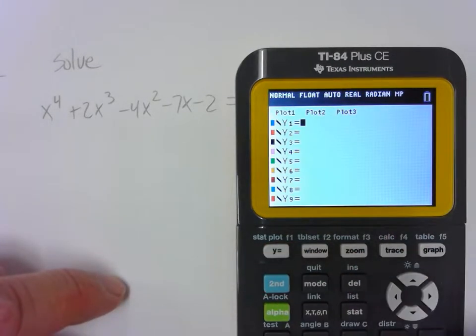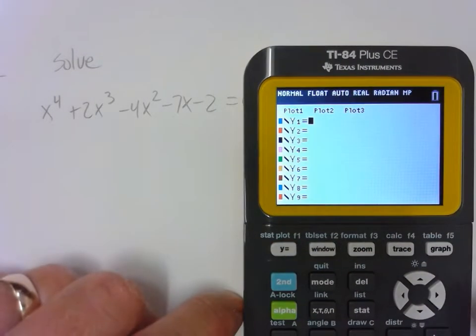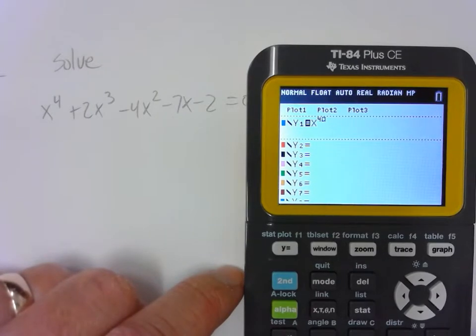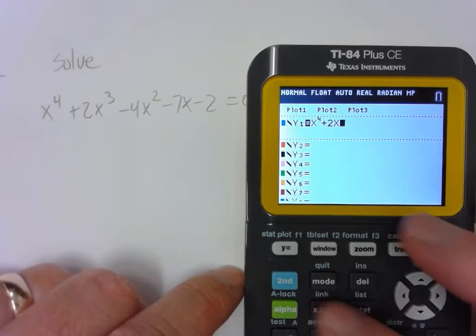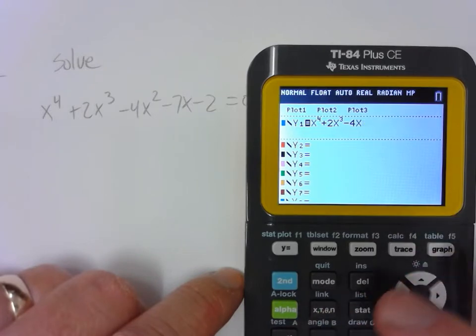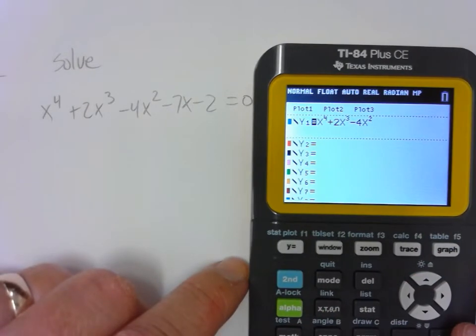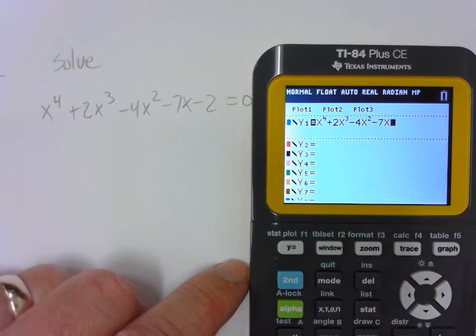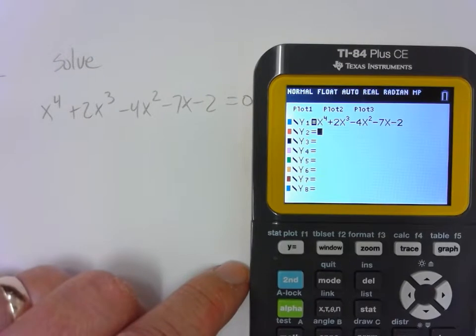So y equals, I'm going to type in x to the 4th power plus 2x to the 3rd power, with the caret key, minus 4x squared, minus 7x minus 2. All right, so there's the 4th degree polynomial.